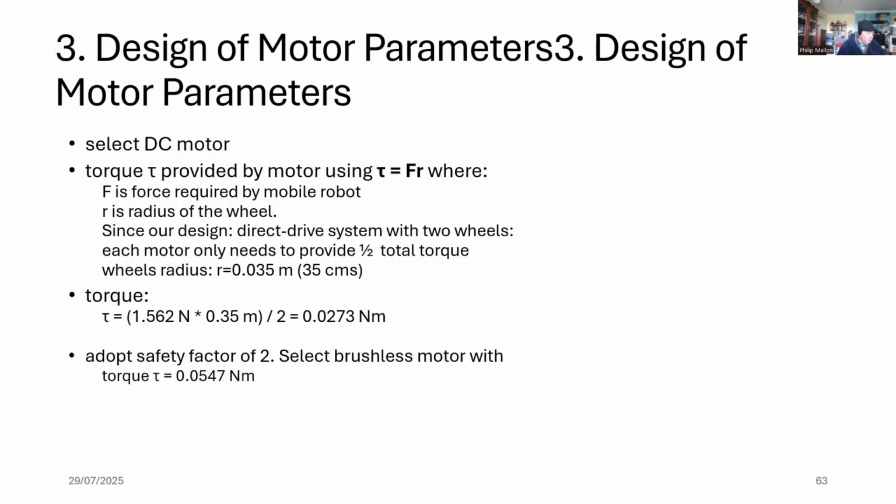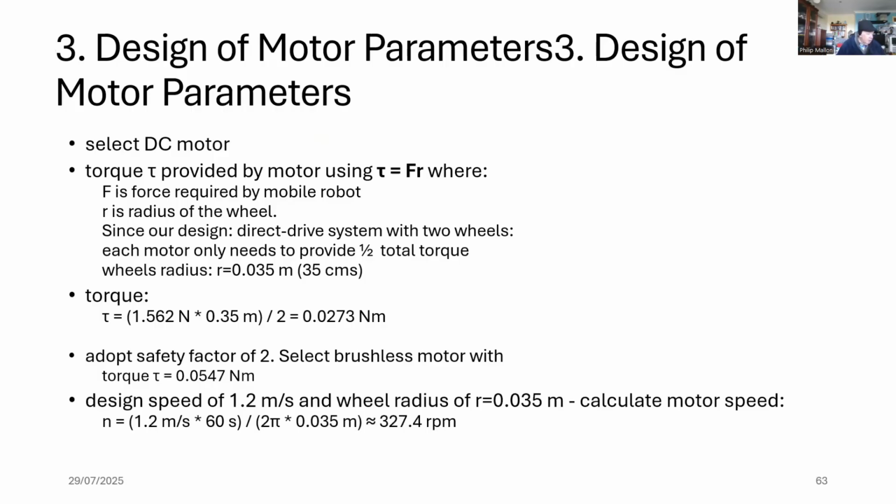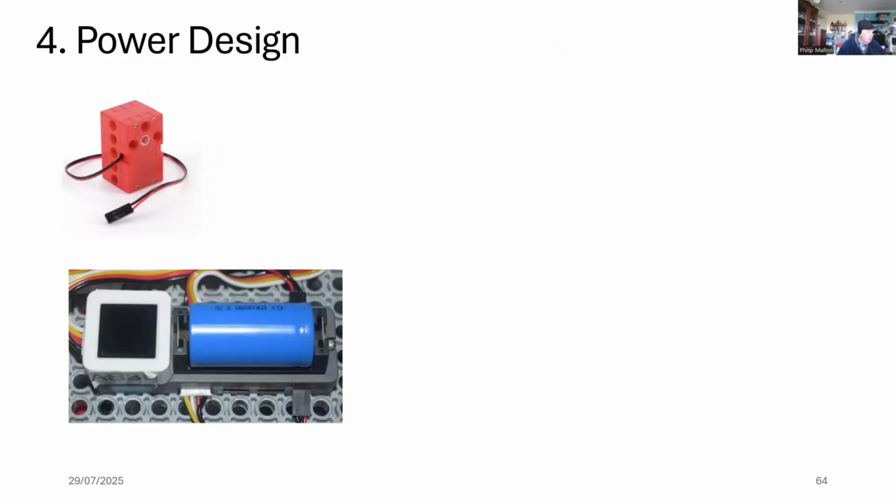We'll adopt a safety factor and increase that by 2, so we end up with 0.0547. And our design speed, when we consider the radius of the wheel and the speed, ends up at a rotational speed of 327.4 revs a minute.